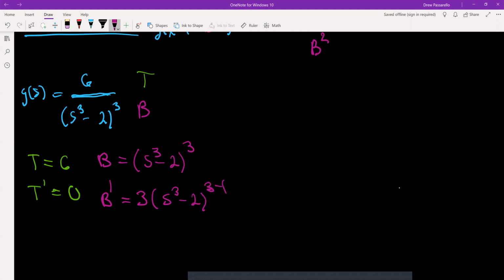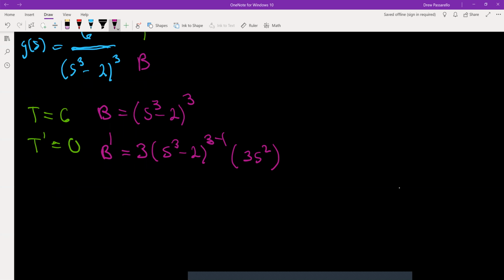Then I have to take the derivative of the inside function. The inside function is s cubed minus 2. So the derivative of s cubed is 3s squared, and then minus 2 goes away because that's 0. So the inside function's derivative is 3s squared. And you'll see that this is more work than necessary because I still had to use the chain rule for the bottom function's derivative.